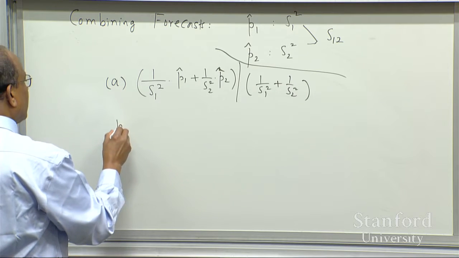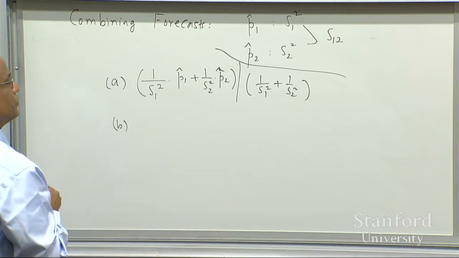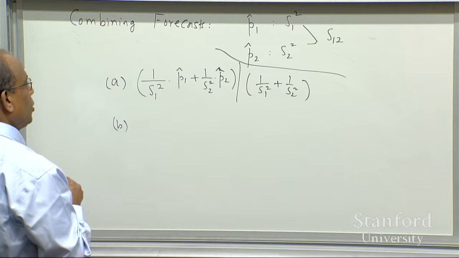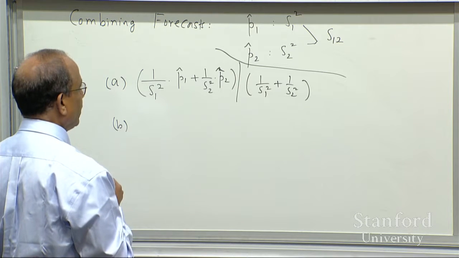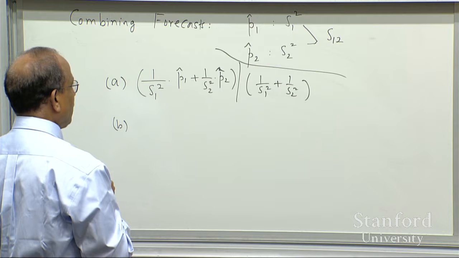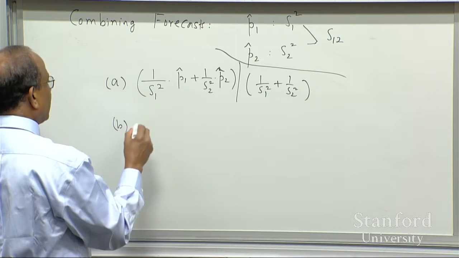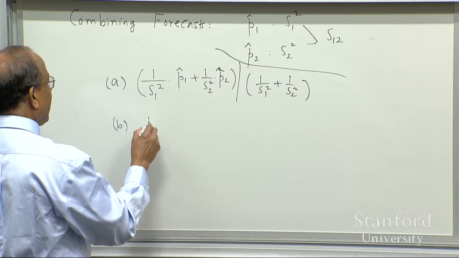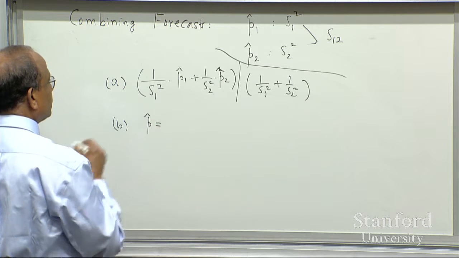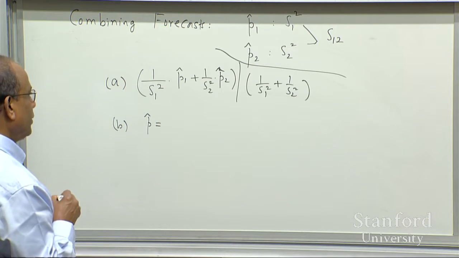And the second approach is that you may want to take into account the variance, covariance information. So, the way they do it is that P hat is equal to some sort of inverse matrix.